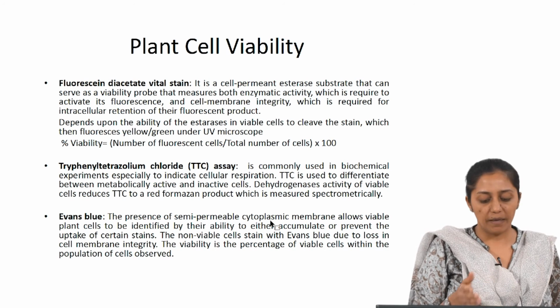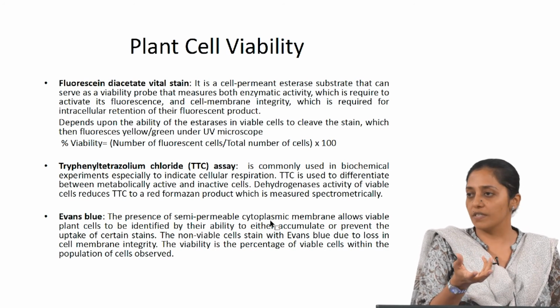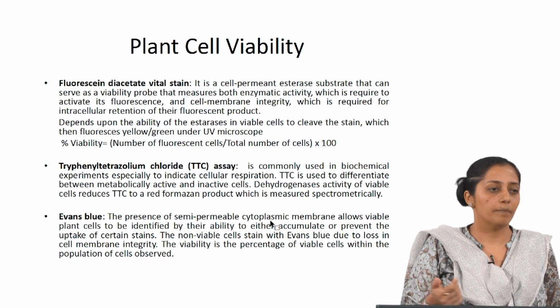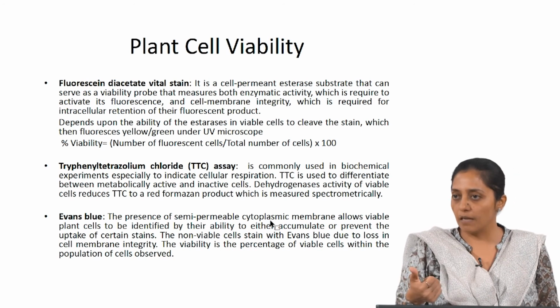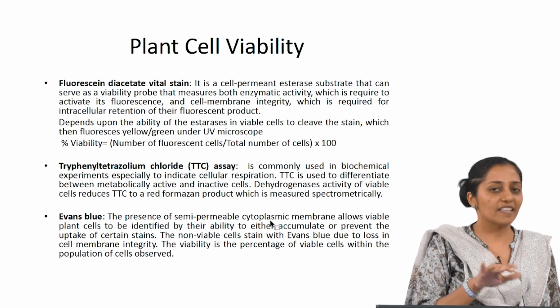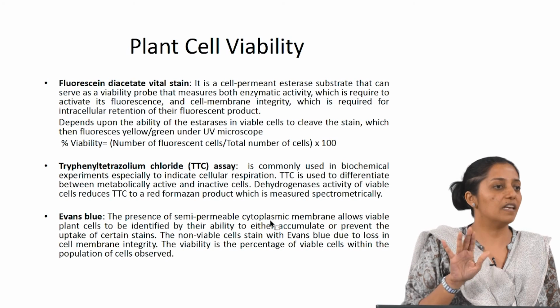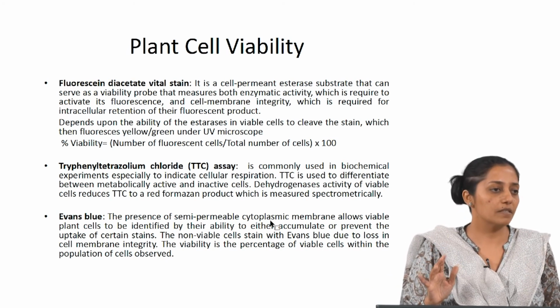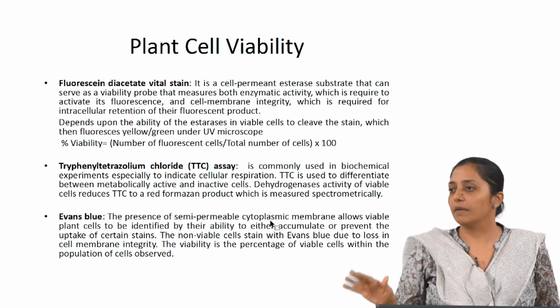Percentage viability is given as the number of fluorescent cells to the total number of cells. Those which are fluorescent would be viable because it shows the integrity of the cell membrane is still in place, and that the esterases are still active, so these are metabolically active cells. This is how percentage viability can be calculated.